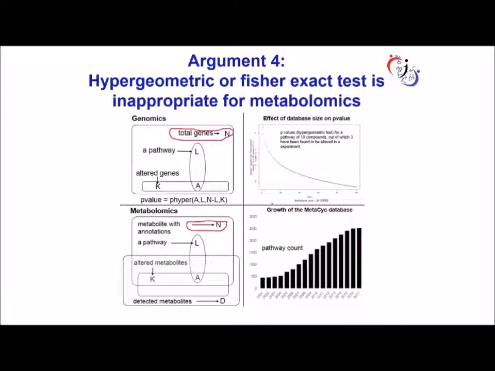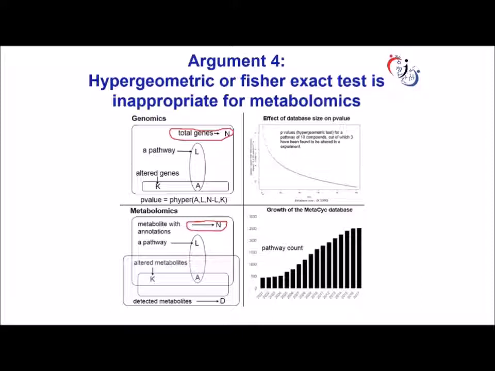The size of a background database has a huge impact on the p-value we can get for pathway maps. Here, the x-axis shows database size.